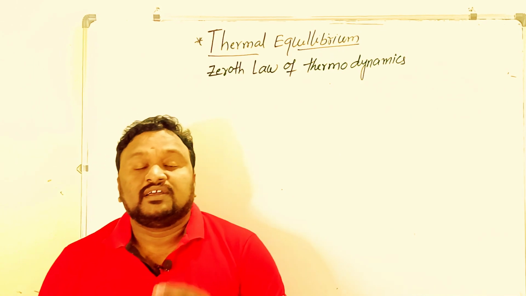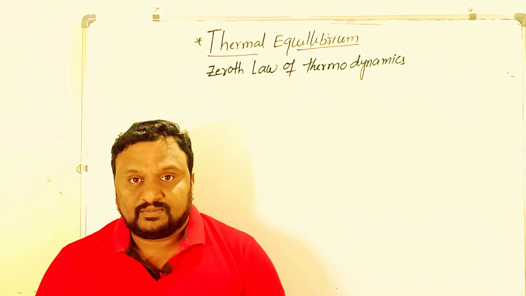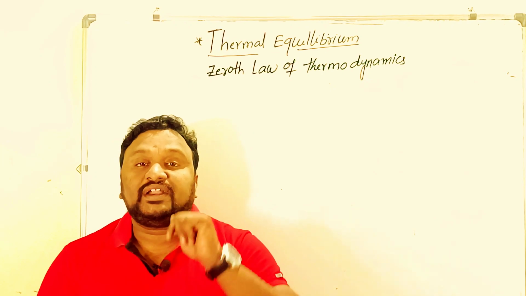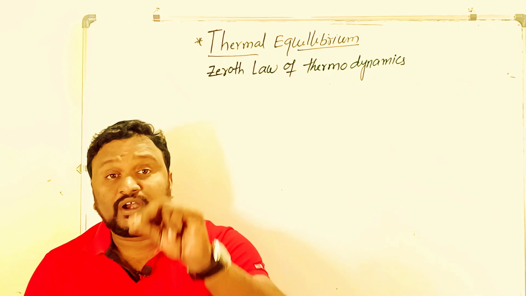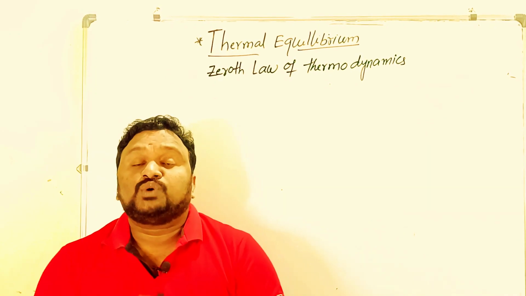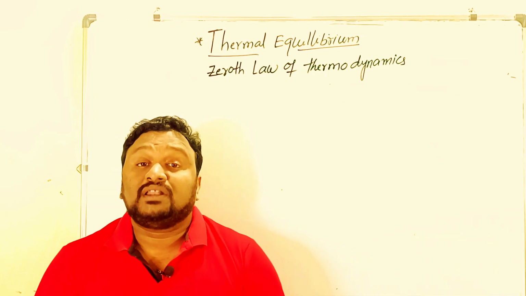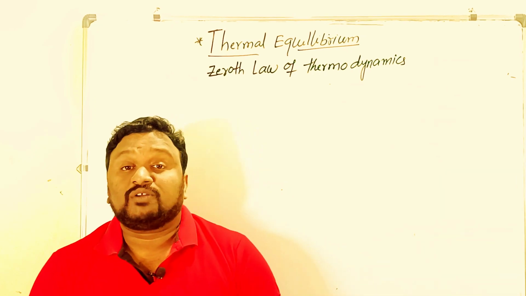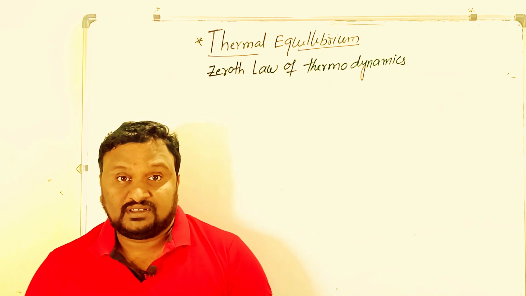Dear students, there are three bodies, and two bodies are in thermal equilibrium with the third body individually. Then there is no transmission of heat between the two bodies either; they must be in thermal equilibrium. That is what we call the zeroth law of thermodynamics.